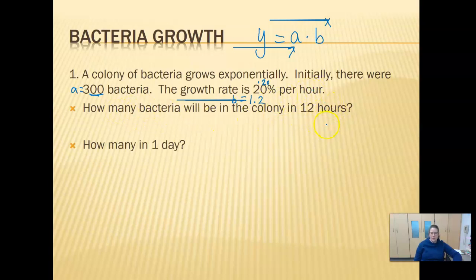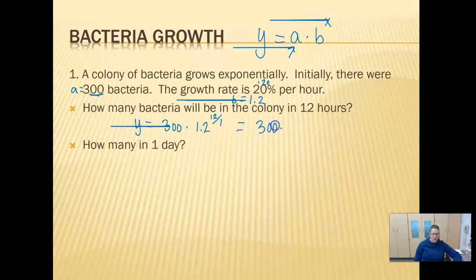How many bacteria will the colony have after 12 hours? So I'm looking for y, the final amount of bacteria. So y equals 300 times our multiplier, which is 1.2, raised to the power of, and we have 12 hours gone by, and every 1 hour it increases by 20%. So 12 over 1 would be x, which is the same as just 12, right?